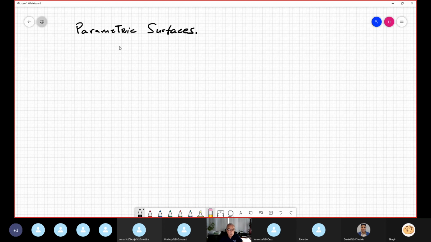Are you familiar with the parametric curve? We studied it a long time ago, and we applied it in the line integral. But now we need to parameterize surfaces, because we need to apply it in the surface integral, which is the next topic that we discuss this week.